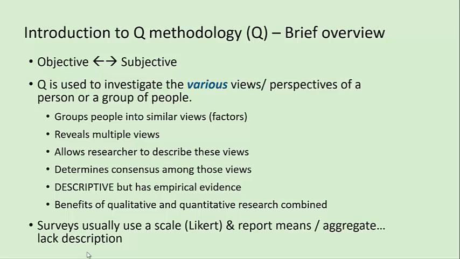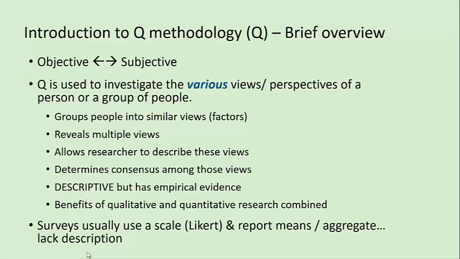So basically we want to allow participants to capture their internal viewpoints in these Q sorts, where they sort usually subjective statements. And then they're grouped together in types, so basically correlation and factor analysis.